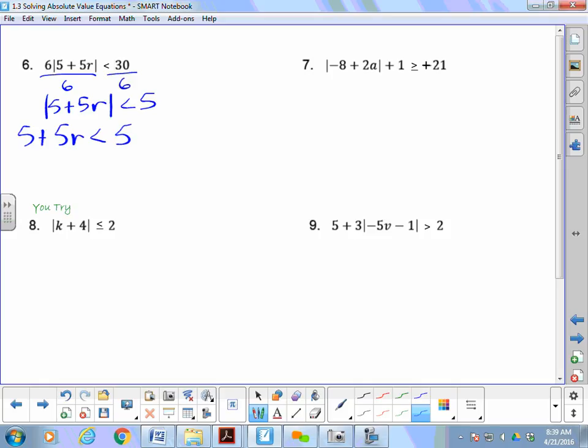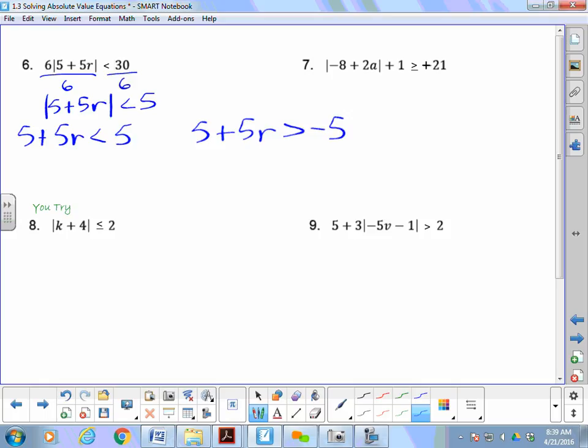The second inequality, we are going to change the direction of the inequality sign to go with a negative. Okay? So when you write the negative, you have to change the direction of the inequality sign. Because why? Well, if we multiply or divide by a negative number, we have to switch the direction of the inequality symbol. Right?